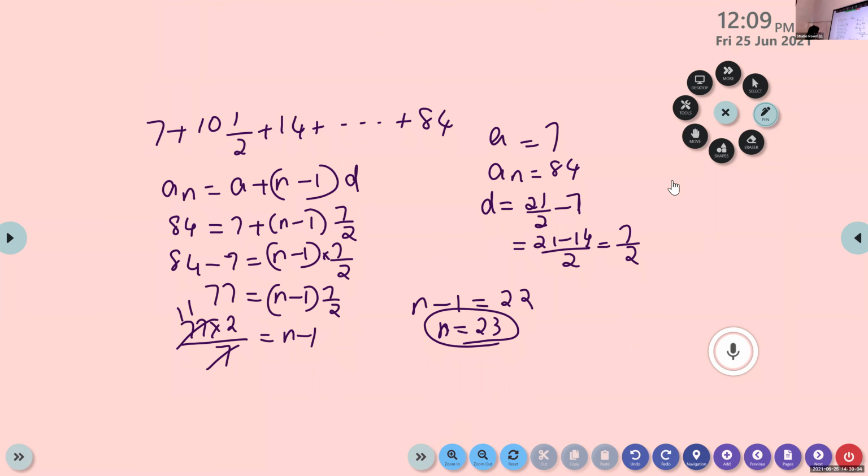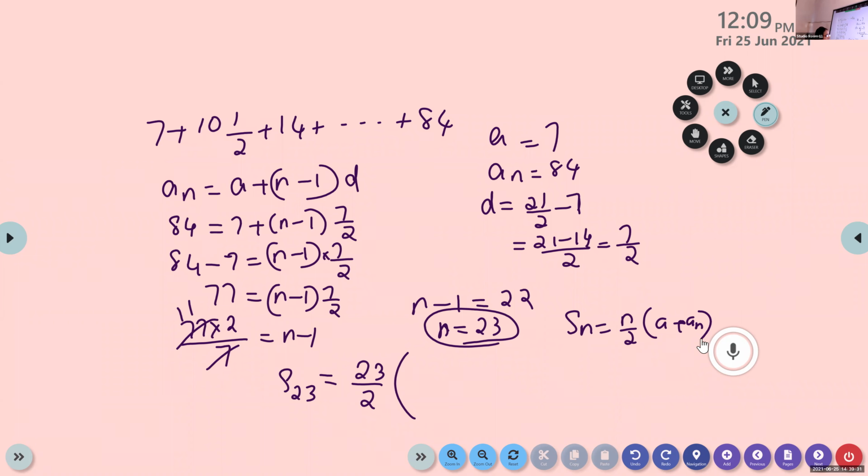Okay. So now we can find S23. We need to find this sum, no? So there are 23 terms. So S23, write the formula first. Sn equal to n by 2 into 2a plus n minus 1 into d. So S23 equal to 23 by 2 into, here we have both first and last term, so we can choose the second formula, n by 2 into a plus an.